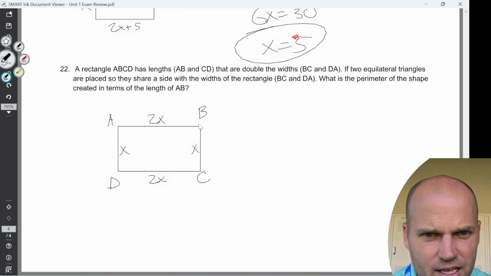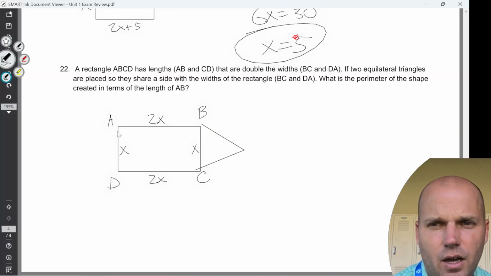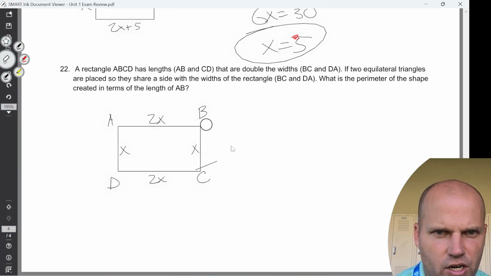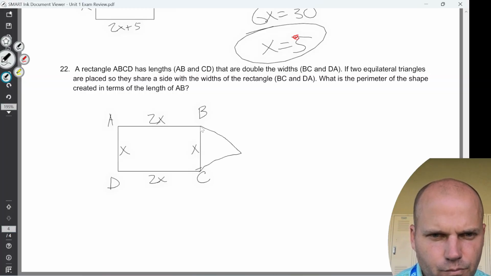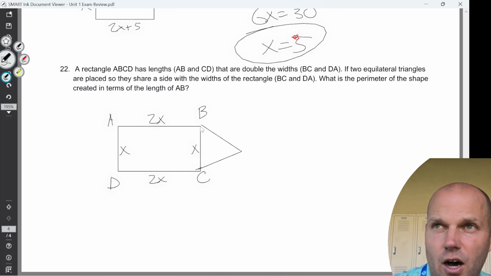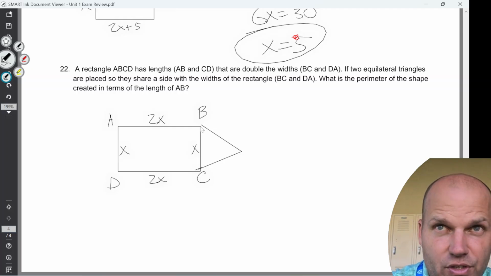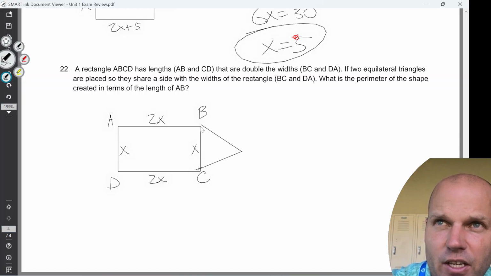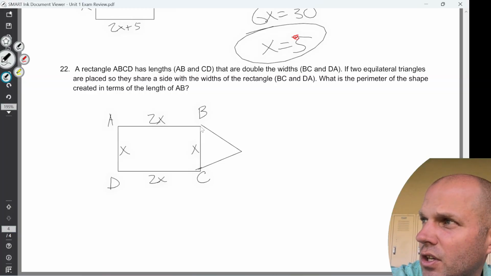I am adding equilateral triangles on top of this. Two equilateral triangles are placed so that they share the same widths as BC and DA. So I have to visualize an equilateral triangle on both widths. Imagine a rectangle, but instead of squaring off at the ends, you triangulate at the ends.